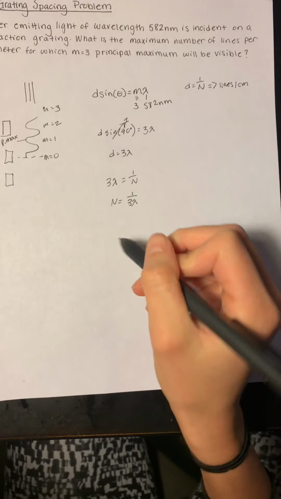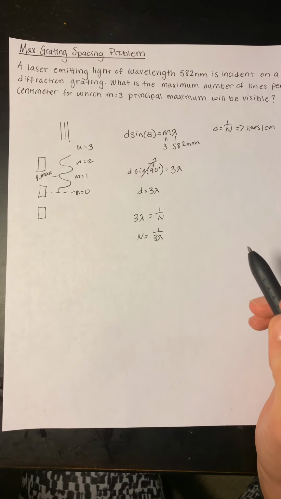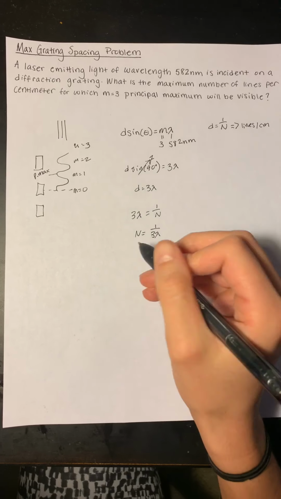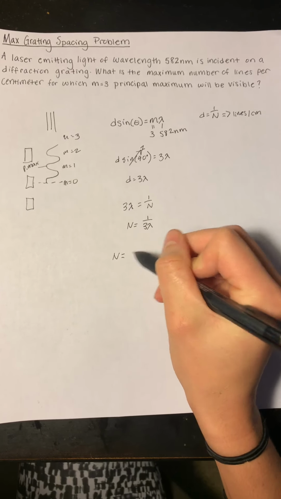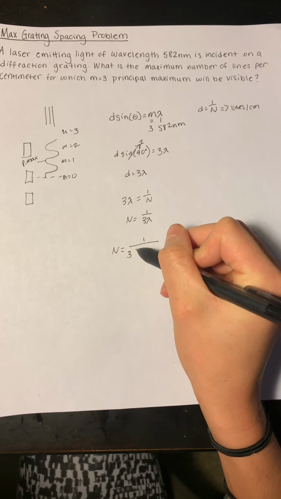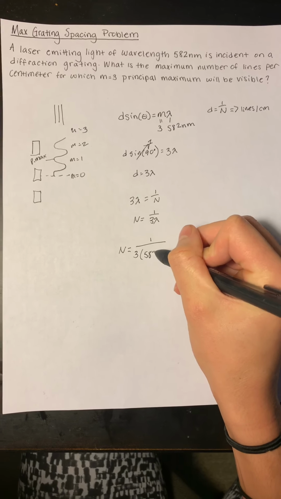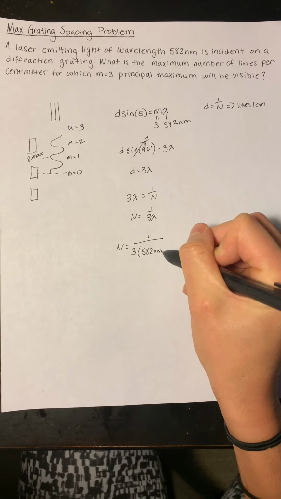So now we just plug in what we are given to find our n, which is the lines per centimeter. We need 1 over 3 times the wavelength, which is 582 nanometers.